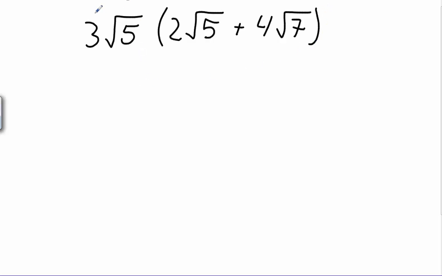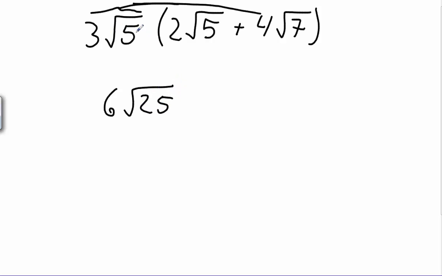Again, we have to distribute this whole little guy into the whole quantity. So we have to do 2 multiplications. 3 times 2 is 6. 5 times 5 is 25. 3 times 4 is 12. 5 times 7 is 35.